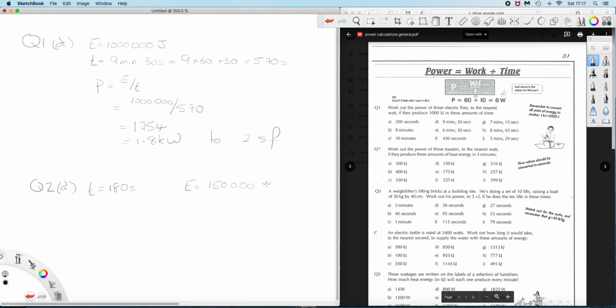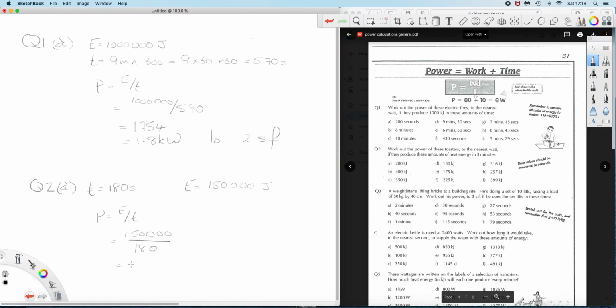150,000 joules. So our power is our energy divided by our time, which is 150,000 divided by 180, and 150,000 divided by 180 is 833.